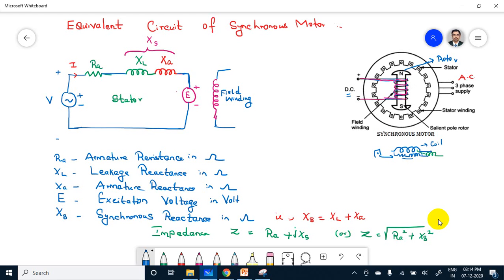So this field winding we can also call rotor winding. Okay, rotor winding.